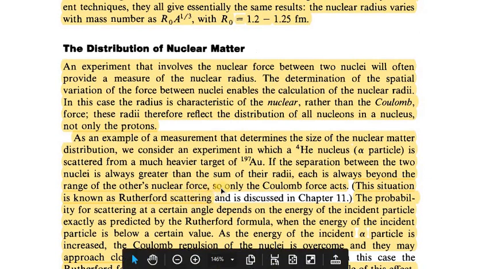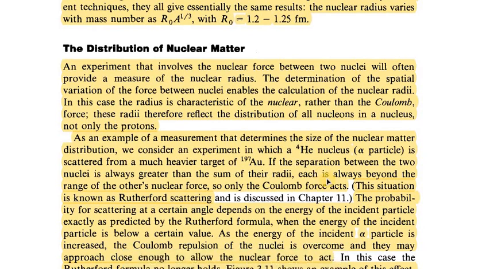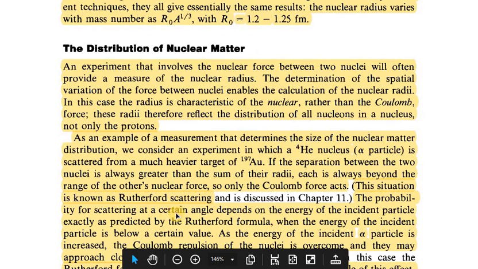In that case, only the Coulomb force acts. The probability for scattering at a certain angle depends on the energy of the incident particle, exactly as predicted by the Rutherford formula, because in that case only Rutherford scattering is happening when the energy of the incident particle is below a certain value.